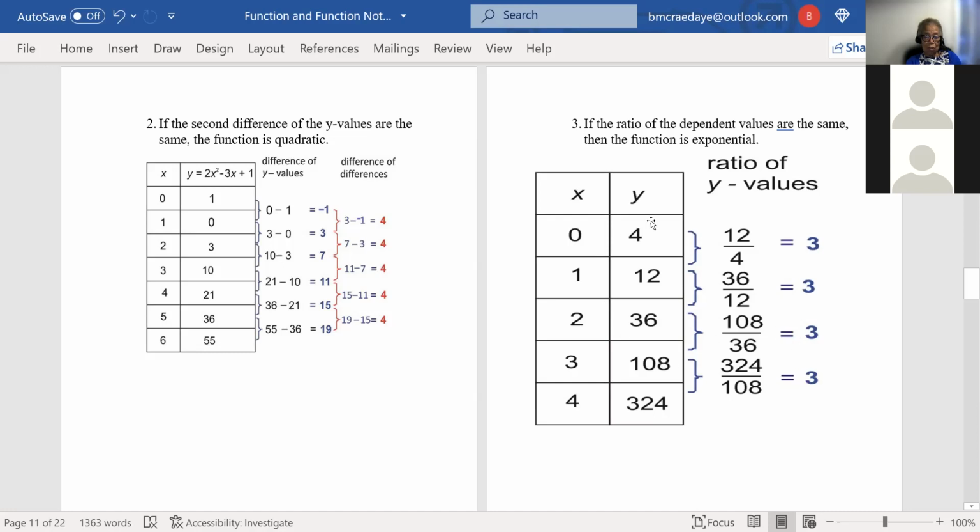But you could also say 4 over 12 is 1/3, 12 over 36 is 1/3, 36 over 108 is 1/3, and 108 over 324 is 1/3. In all cases, the ratio of your Y values are the same. That means that this table represents an exponential function. Any questions?